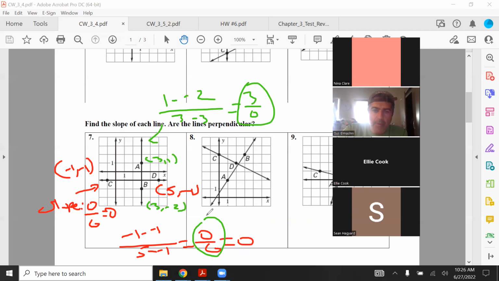Because you have 0 over a number and a number over 0. Those will be negative reciprocals of each other, and that also makes it perpendicular. I know it's kind of weird if you put a negative out in front, but then 0 over anything is 0. And of course, anything divided by 0 is undefined.